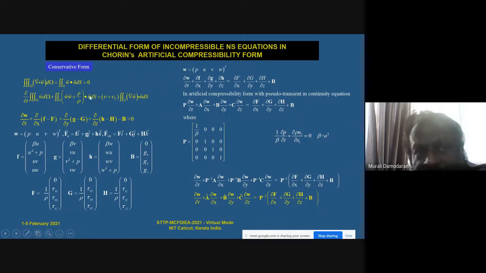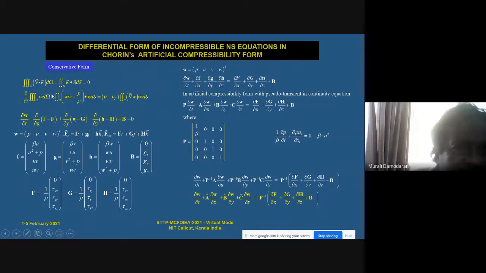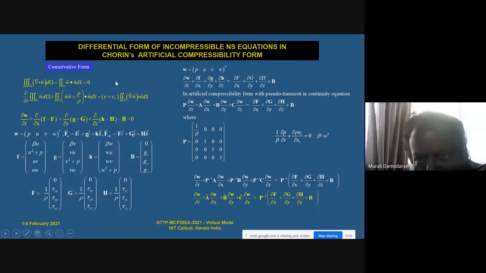So what Chorin did, which I thought was a very clever method when I first saw it, was to append some terms in pressure in front of the continuity equation in such a way that as you reach the steady state, that term will vanish. Okay, so you put a term there, and that is the preconditioner. We call it Chorin's preconditioner, which is this here.